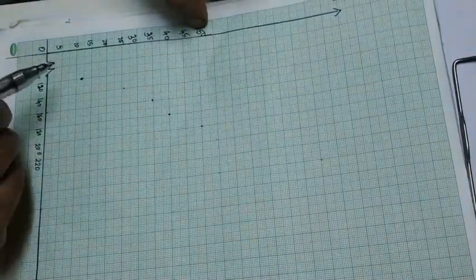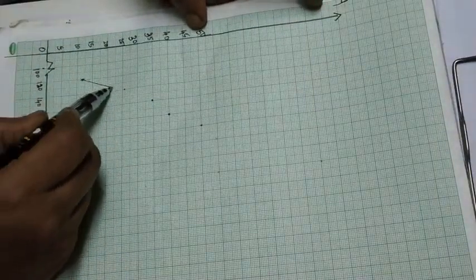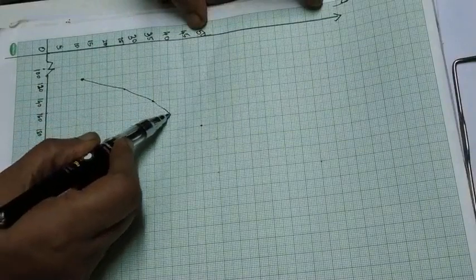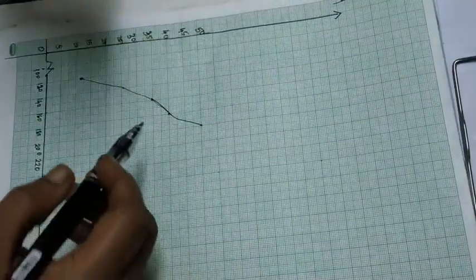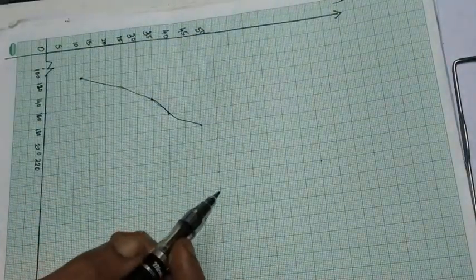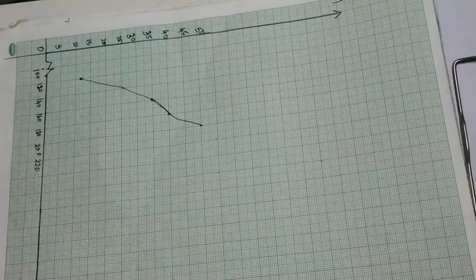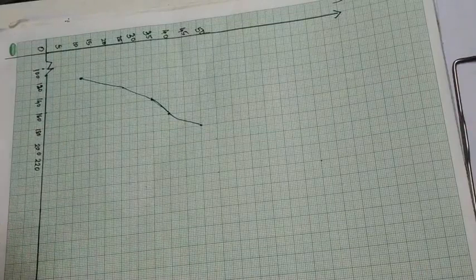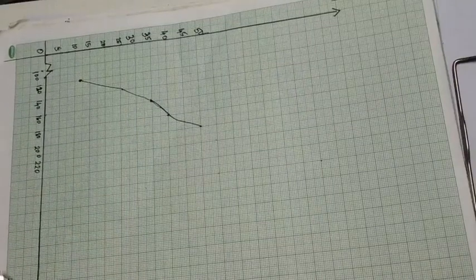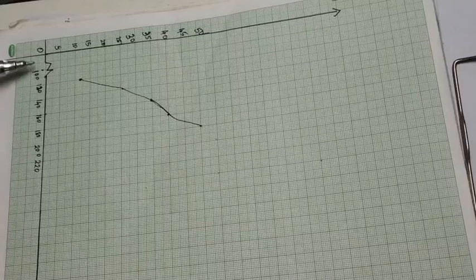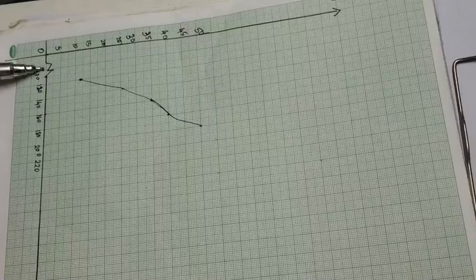Now, not using a scale, just use freehand to draw this one. So this one is the less than ogive of this data. Understood how we have done? First we prepared the table, then on the x-axis we take the class intervals. Starting with 120, if you want you can start from here also.